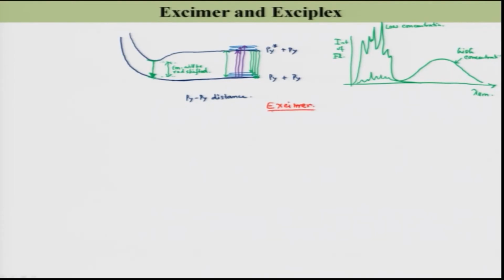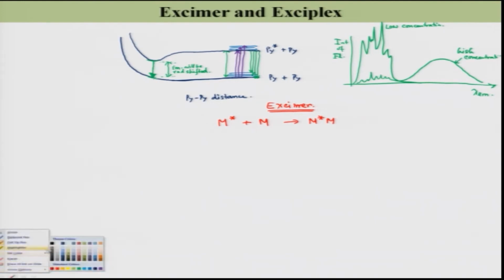So basically what I have defined is this: some molecule M in the excited state is interacting with another M which is in the ground state to form M star M, and this is known as my excimer.